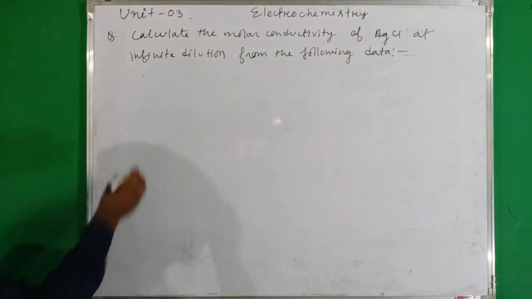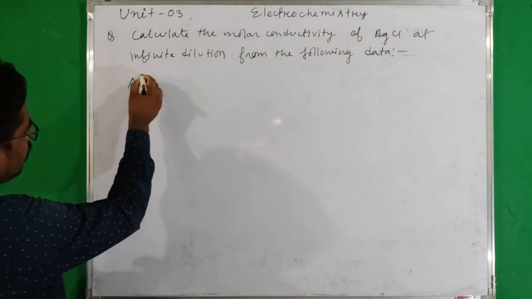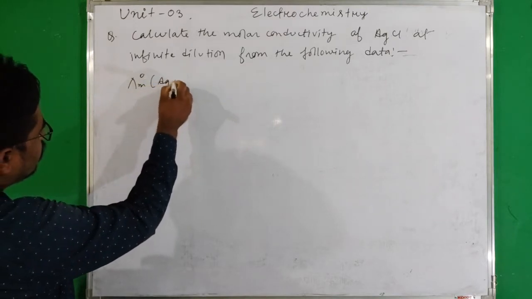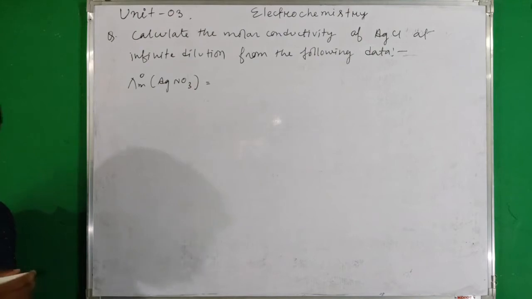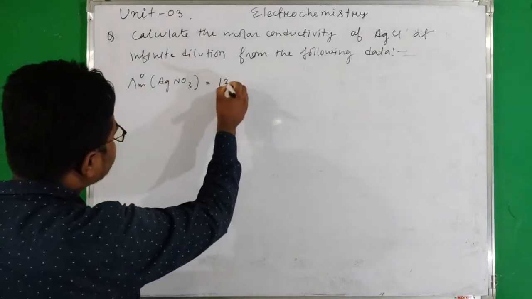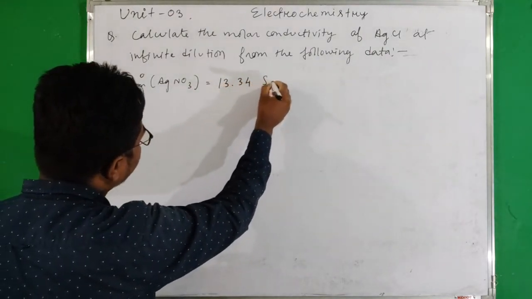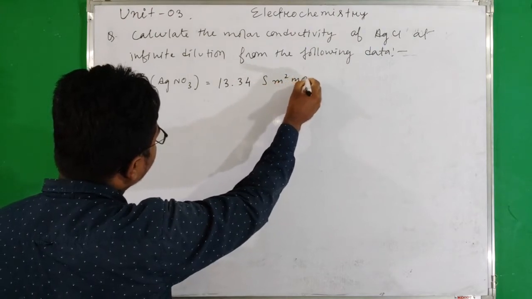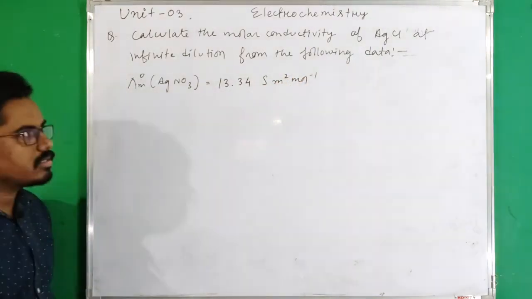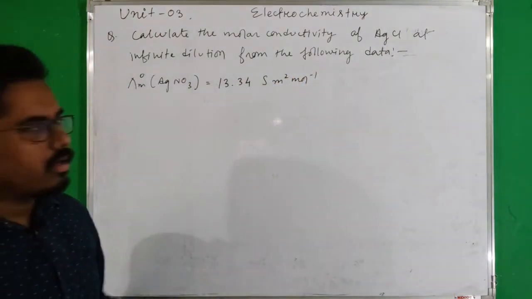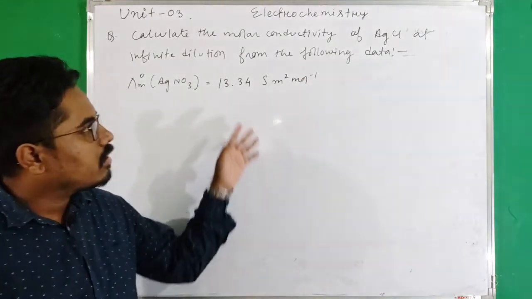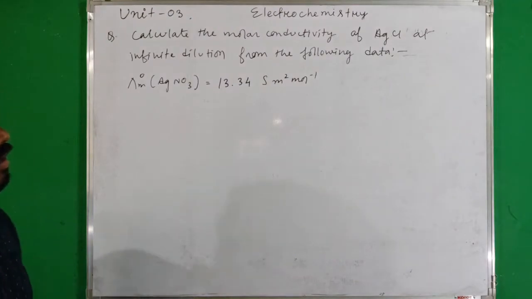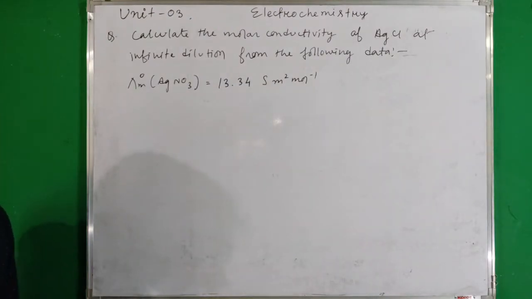Okay, at first the lambda m naught for silver nitrate is given as 13.34 Siemens meter square per mole. In this case, the unit is changed. Earlier it was Siemens centimeter square per mole, but now the unit is given in Siemens meter square per mole.